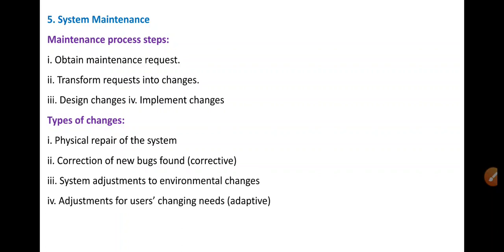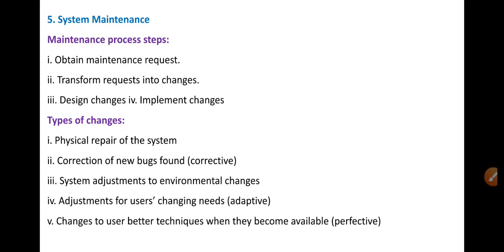We can't replace the information system from time to time because of cost, right? So we can update it. Adjustments should be made to the changing needs of the organization, so that adaptiveness is there. In the system maintenance step, that adaptiveness is to be there, and in such a way a specialist has to make changes to the information system.